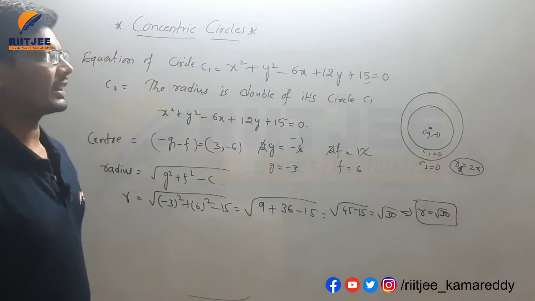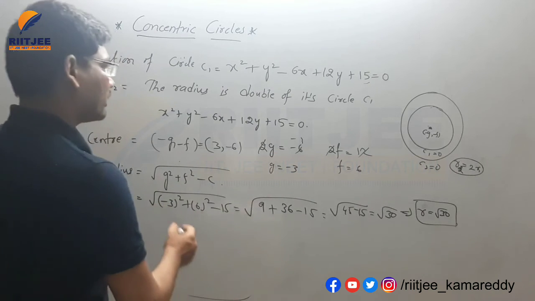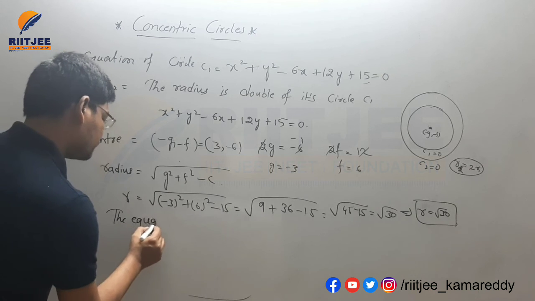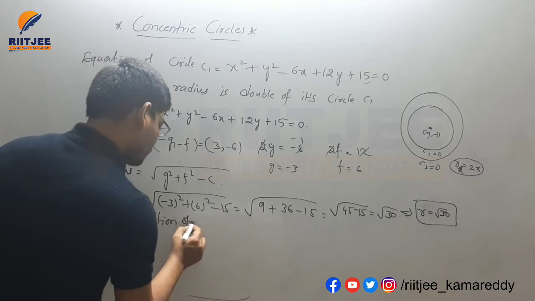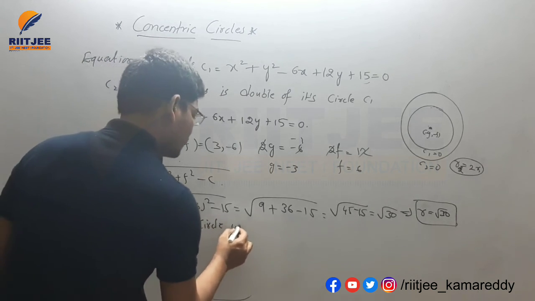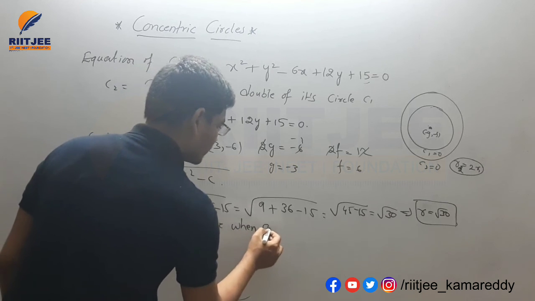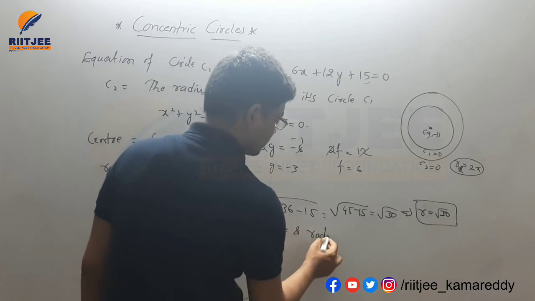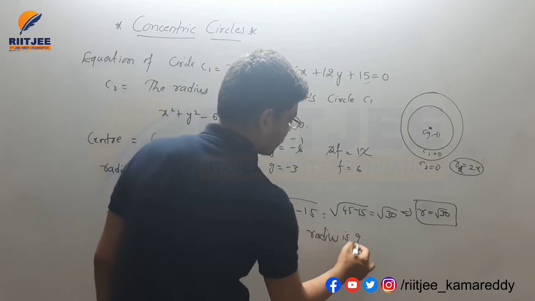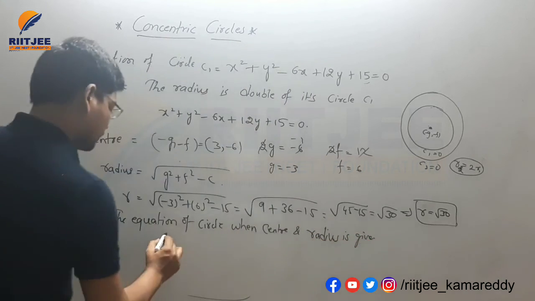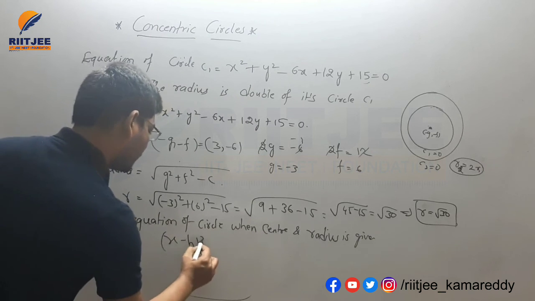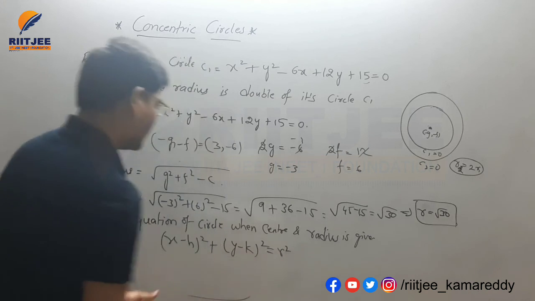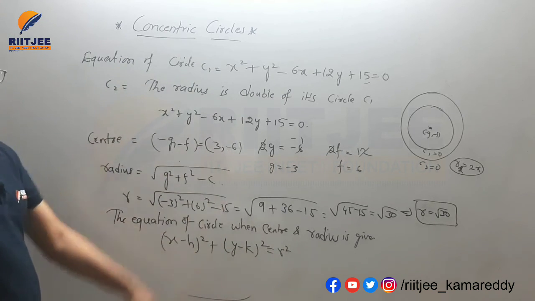And the second circle equation: the equation of a circle when the center and radius are given is x minus h whole square plus y minus k whole square is equal to r square. Here h and k are 3 comma minus 6.